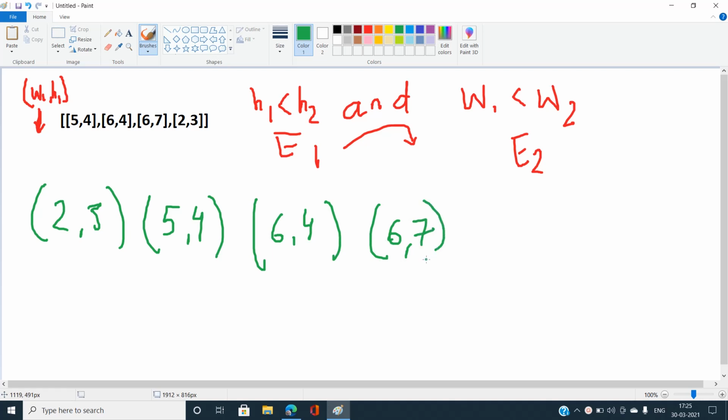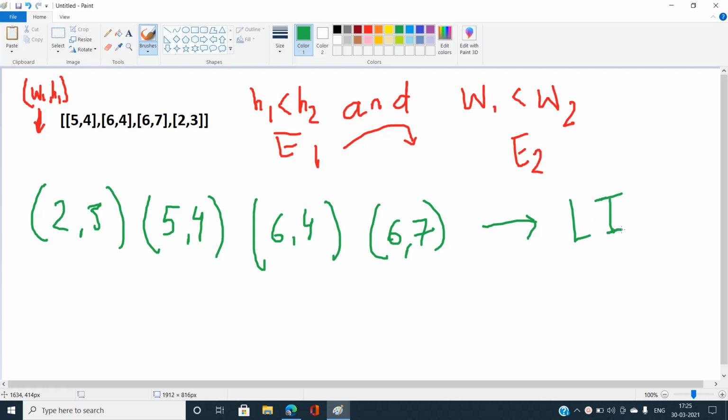So what should be the minimum answer possible with this modified array where each index has two keys, w1 and h1? The minimum answer possible is always 1, because we can always have one envelope. Okay, and what should be the maximum answer possible? The maximum answer possible is nothing but the longest increasing subsequence of this array.